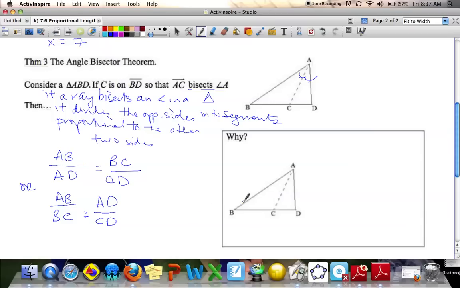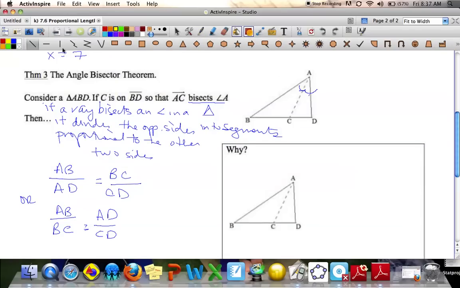So what we're going to do here is a little bit of construction. We're going to make a line. We're going to extend D to be parallel to AC, and we're going to extend this triangle.